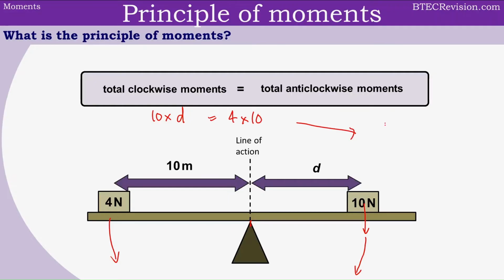We'll make d the subject, and therefore d equals 4 times 10 divided by 10. 10 is going to cancel, and we're left with 4 meters. So that means this distance, d, must be 4 meters. And if that's true, then this object is going to be in equilibrium. So the principle of moments is true if the object is in equilibrium.